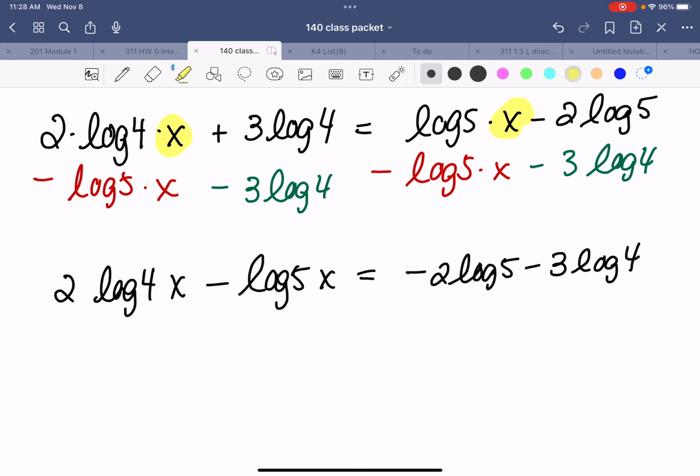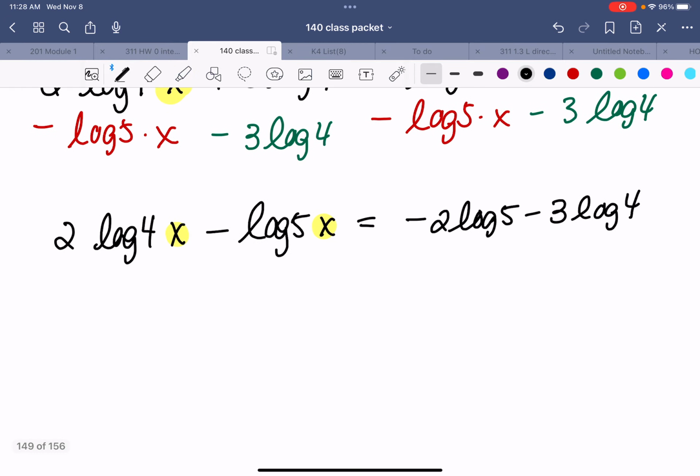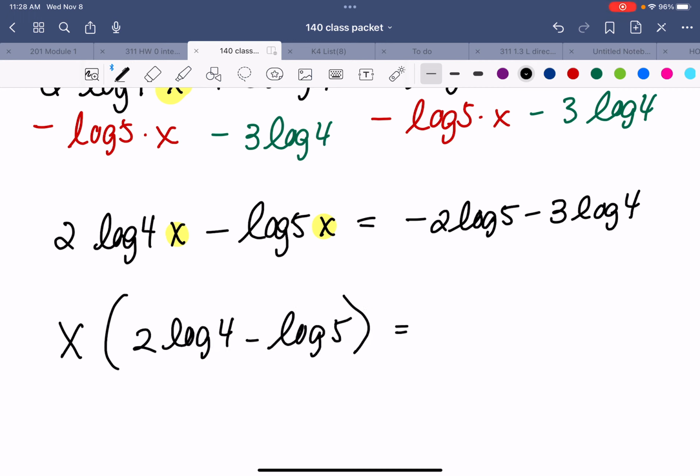Now on the left-hand side, I've got 2 x's there, 1 in each term. So that means those two terms have a common x. So I'm going to pull that all the way out front. Okay.